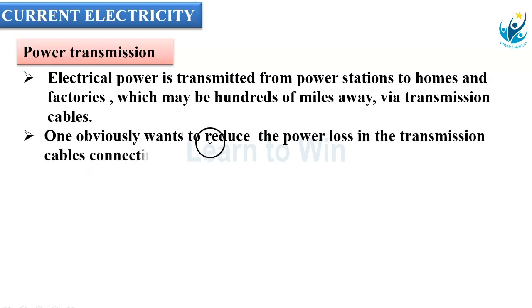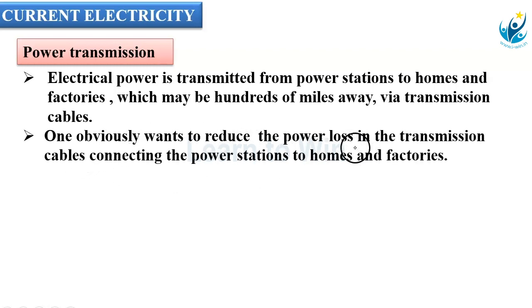One obviously wants to reduce the power loss in the transmission cables. During this process, some amount of heat is lost. So we want to reduce that power loss in the transmission of electric power through the cable.